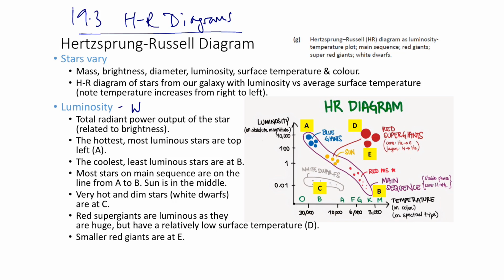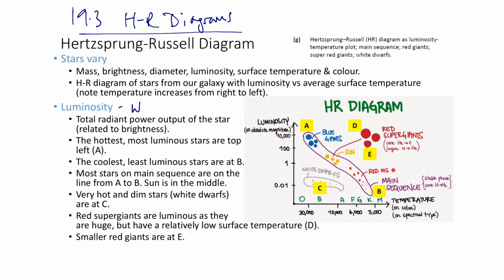And what you'll see is at part A, that's the hottest, most luminous stars, so that's top left. The coolest, least luminous stars are down here, and what you'll see is the colour changes. So blue stars we say is very hot.